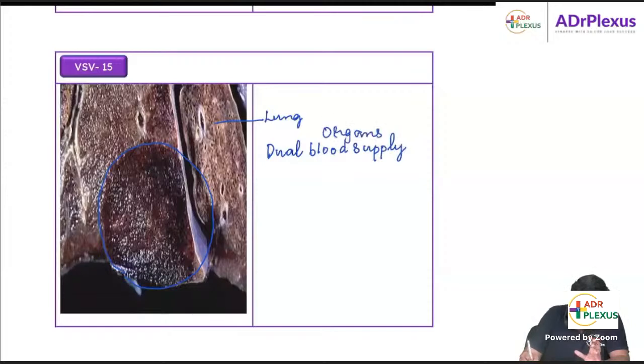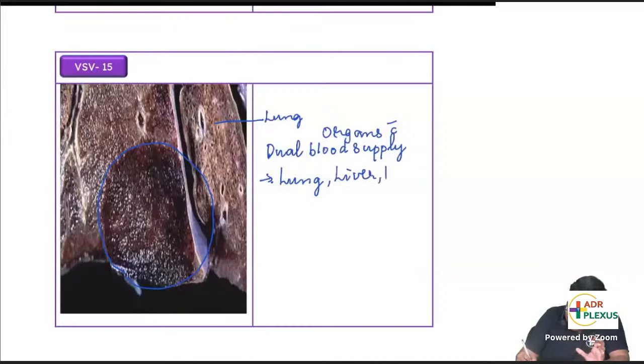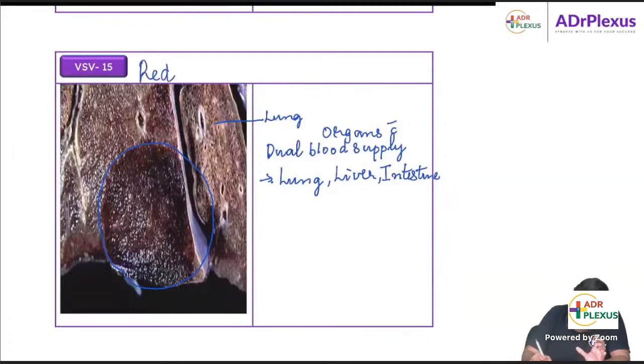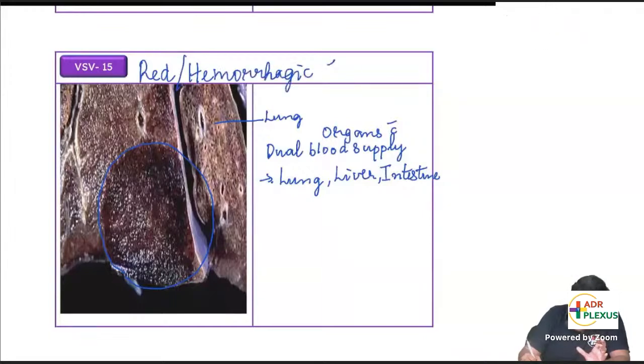Organs with dual blood supply, like lung, liver and intestine, you will be having this red infarct or hemorrhagic infarct.